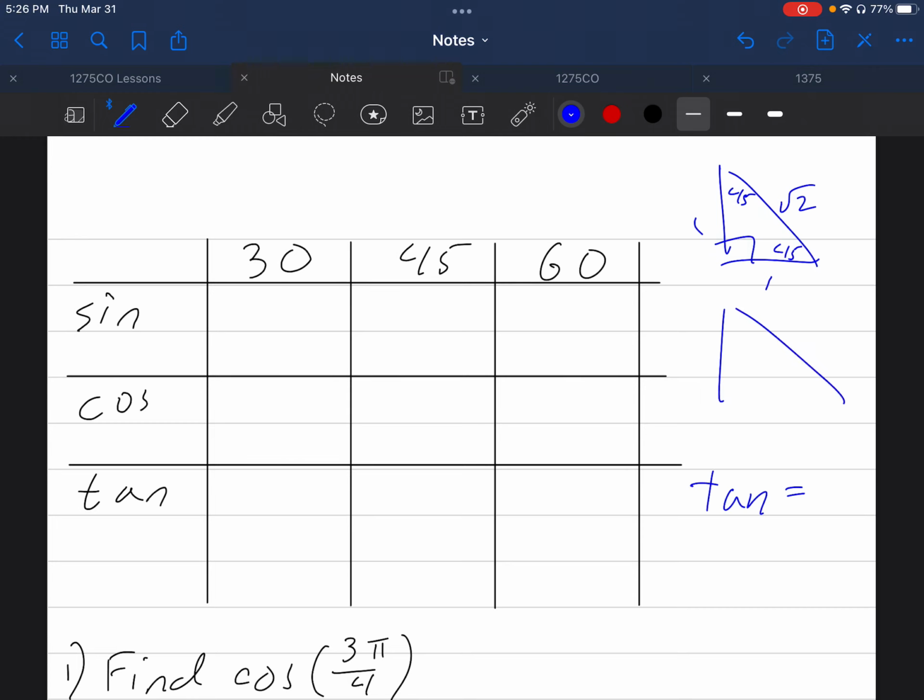We can look at the 30, 60, 90 right triangles with sides of 1, hypotenuse 2, and side of radical 3. Or we can look at this chart here, which builds out according to this.